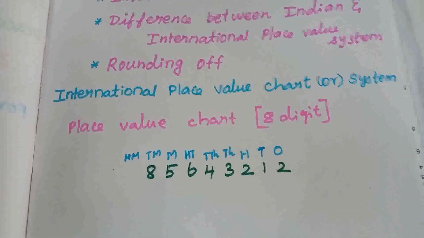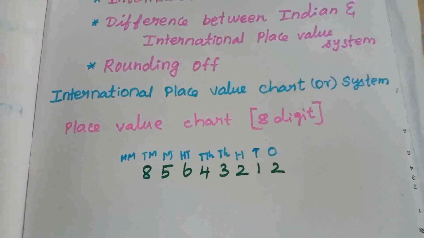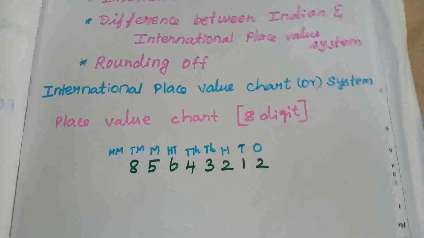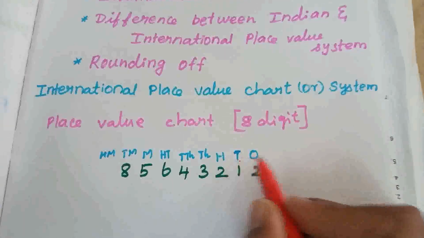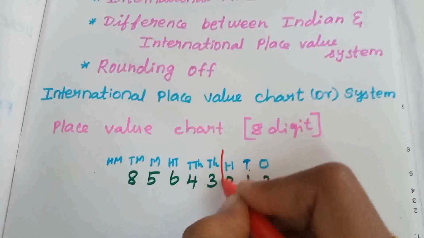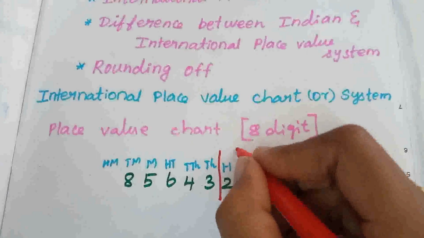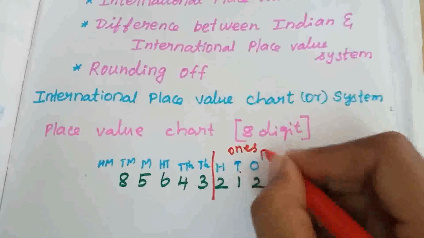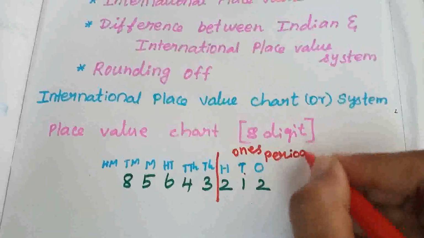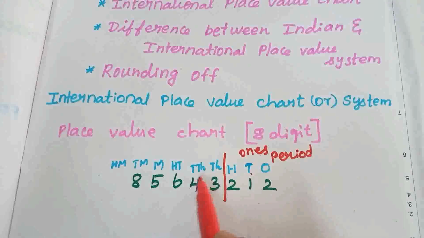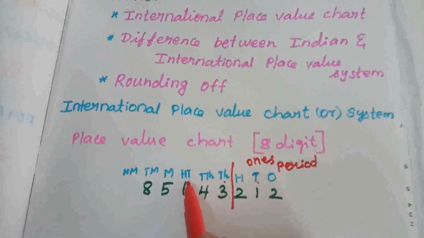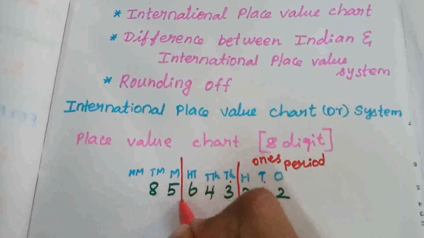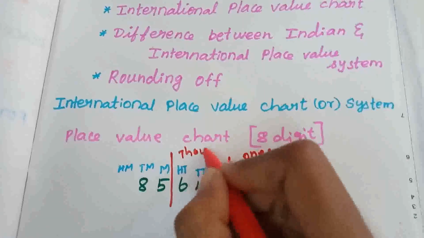Now I am going to divide this number using periods. You already know very well hundreds, tens, ones. This group we call the ones period. Next one, thousands, ten thousands, hundred thousands. This is called the thousands period.